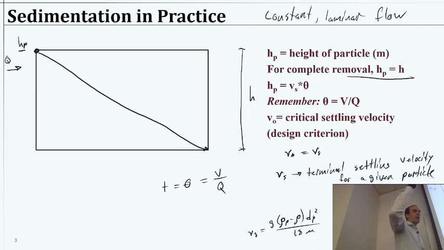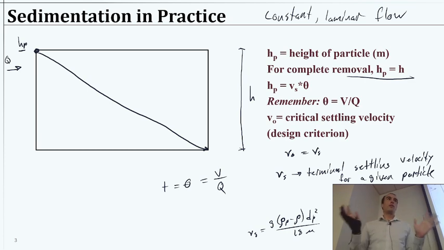So if we have a particle that's the size and density of a bowling ball, we don't need much room in our reactor to settle that out, right? That's going to settle out pretty quick. So if we design it to remove small particles and then we have to treat bowling balls, no problem. What you'll see is the Vs of the bowling ball is a very large number, and the design velocity for a larger basin is we could remove something that's going a lot slower.